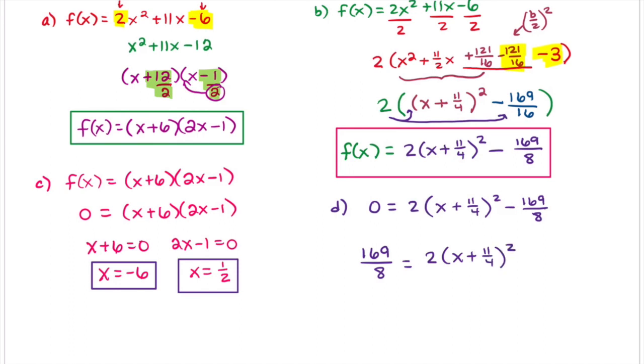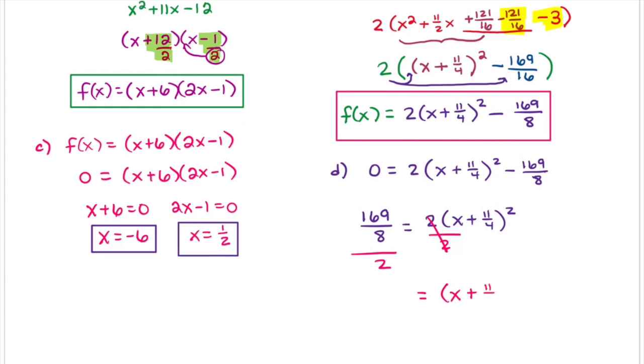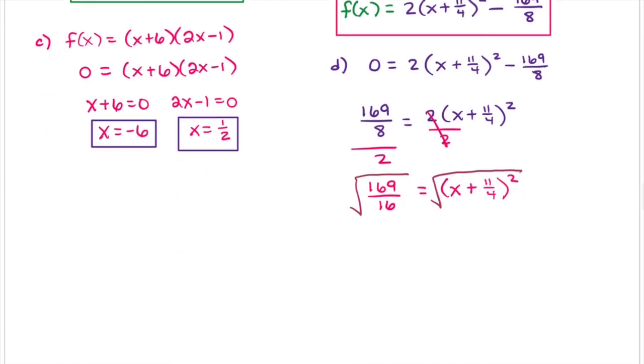We're going to divide by 2. We're going to square root both sides. Don't forget that the square root of any number is always positive and negative.